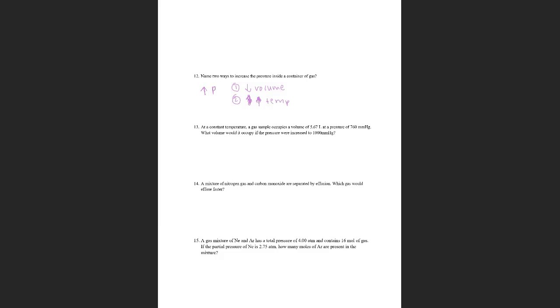The way that we can know this is by using the combined gas law. Through the combined gas law, we can see all of the relationships of pressure to volume and temperature. So are pressure and volume inversely or directly related?